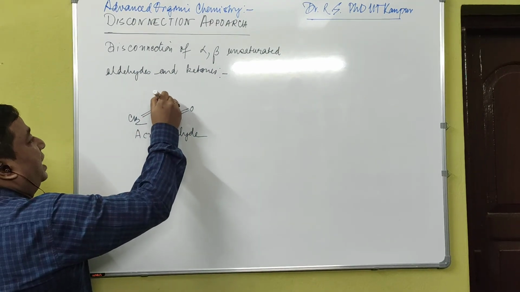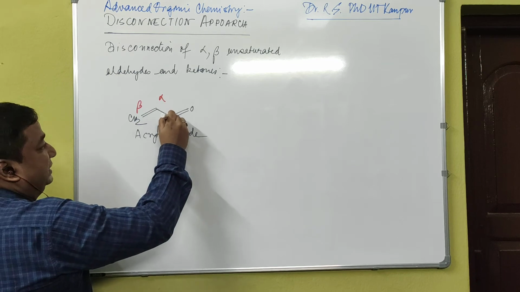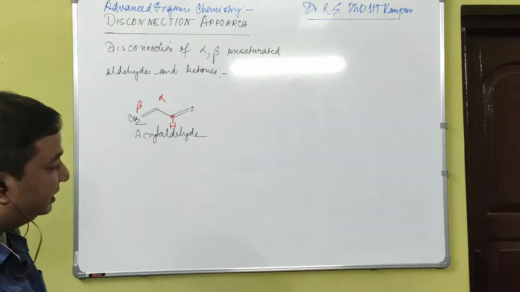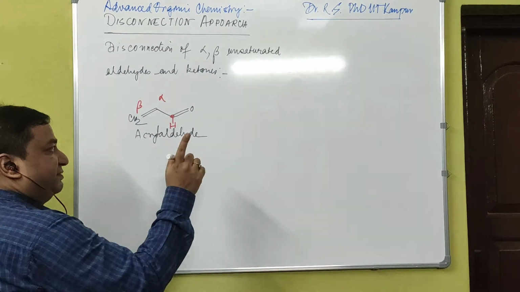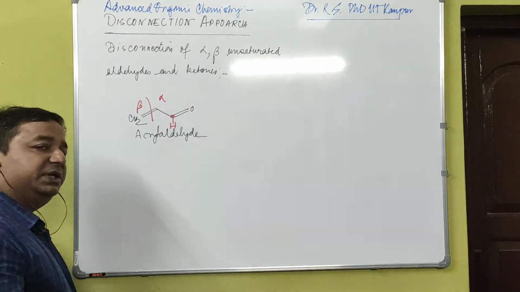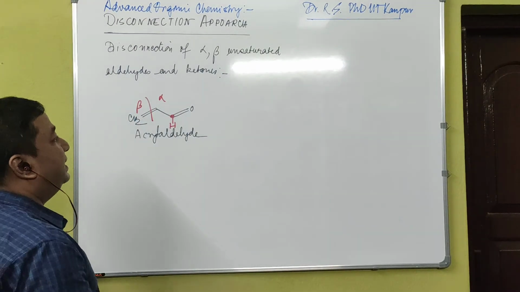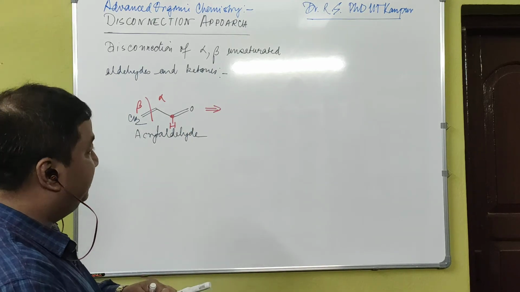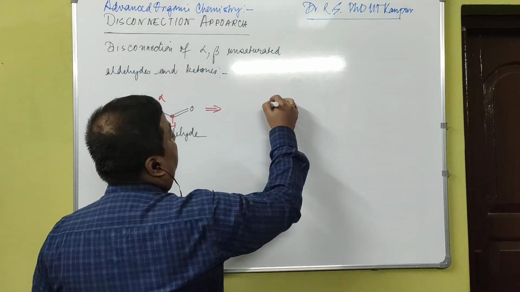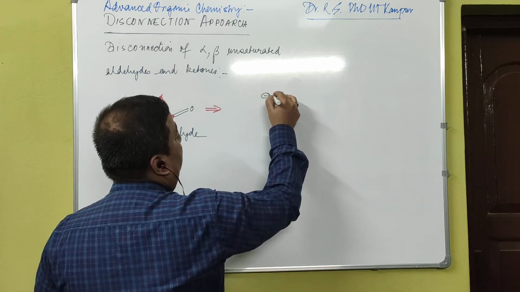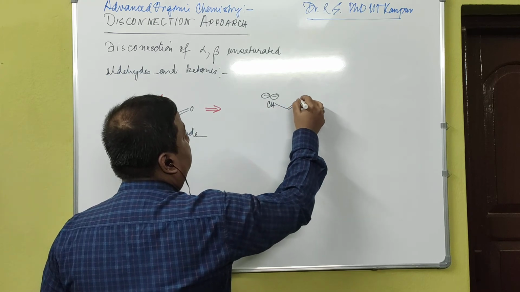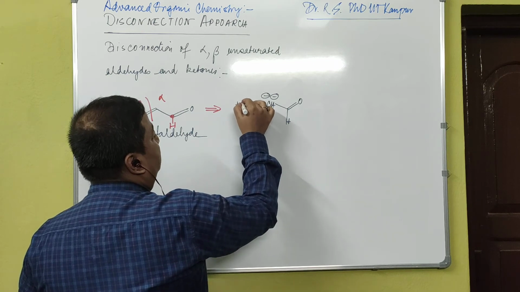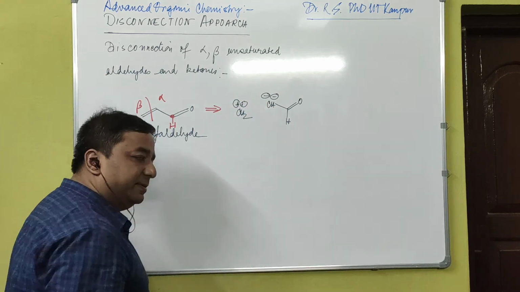So you have to find out the alpha beta bond with respect to the CHO group. I'm just using a line diagram, so I'm not drawing the hydrogens. All you have to do is disconnect on the alpha beta bond, keeping in mind that while disconnecting, I will keep the negative charge over the alpha carbon, and the positive charge will be over the beta carbon.